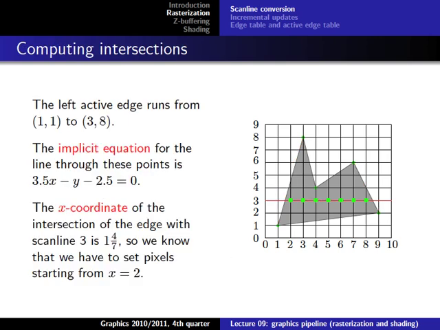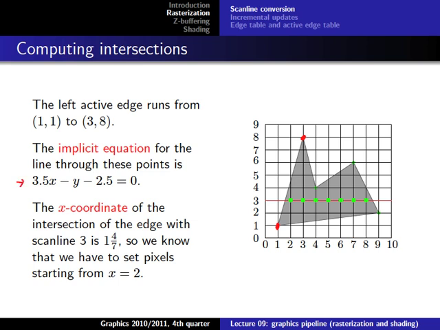So the next step is now to find those intersection points. And if we look, for example, at the left edge that we have here, which starts at 1, 1 and ends at 3, 8, then we can make an implicit equation of it, which is this equation here.